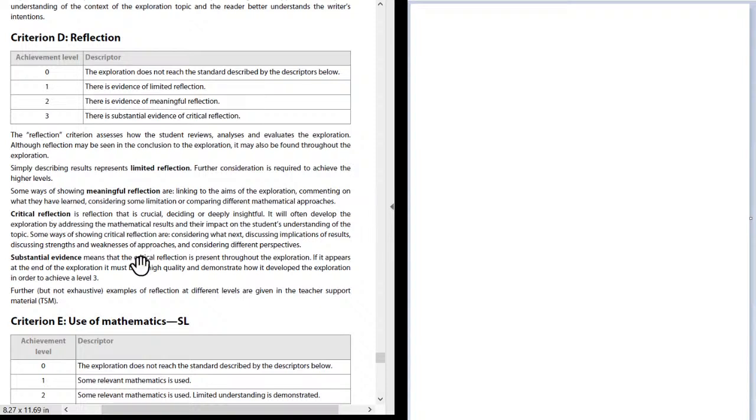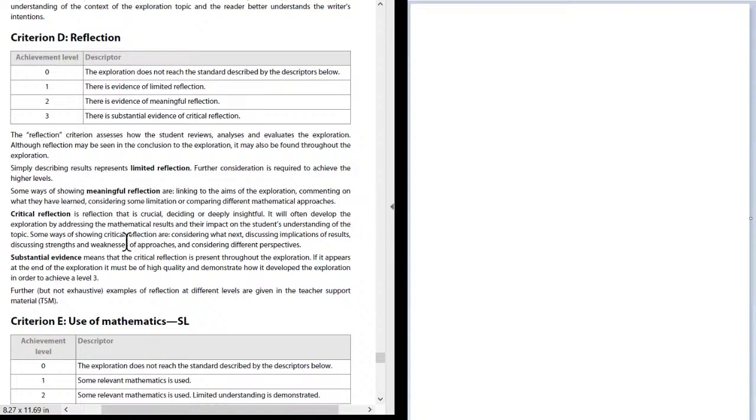Critical reflection is related to the mathematics. It will often develop through the exploration by addressing the mathematical results and how it affects the student's understanding of the topic. So not just how it impacts you, but how it impacts your understanding of the topic.